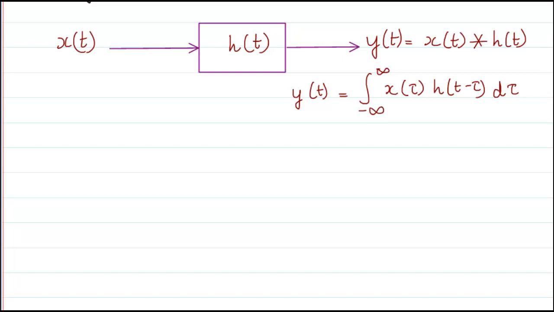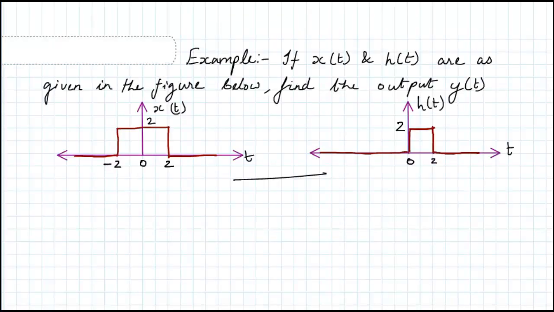The method is similar but slightly different for the case of continuous time. Look at this particular example. If x of t and h of t are as given in the figure below, find the output y of t.